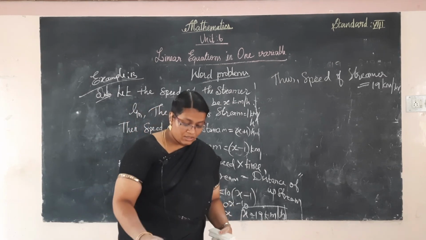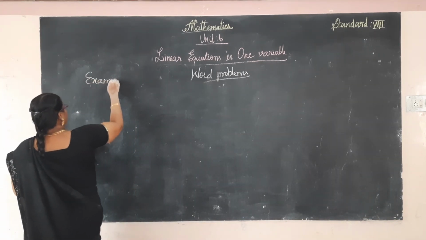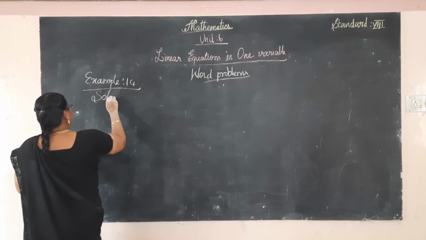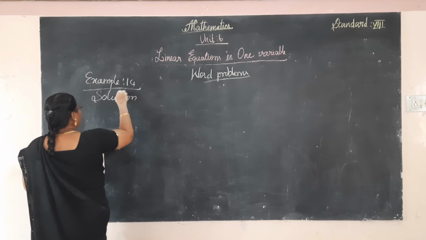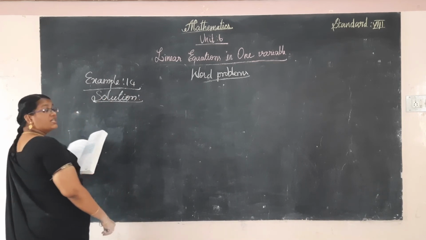Okay, see. So, example 14, solution. So, what are the data given? The speed of the Susil, we have considered x.